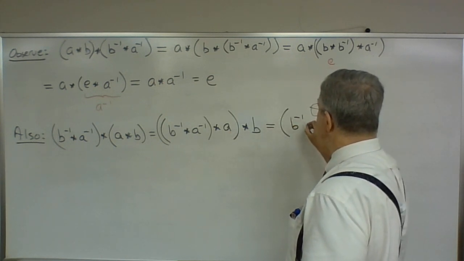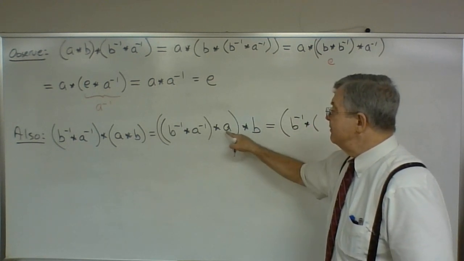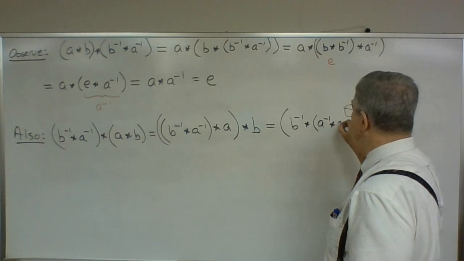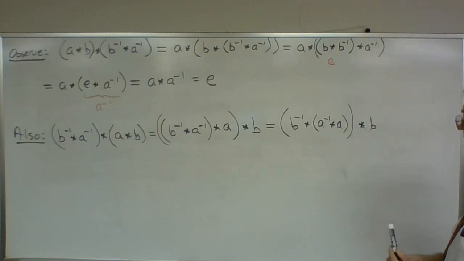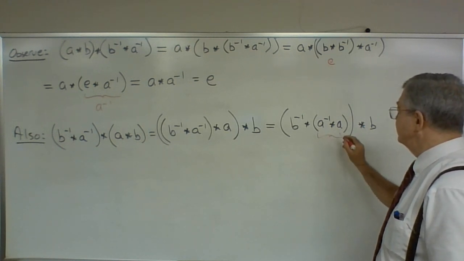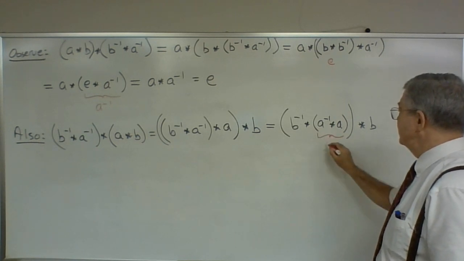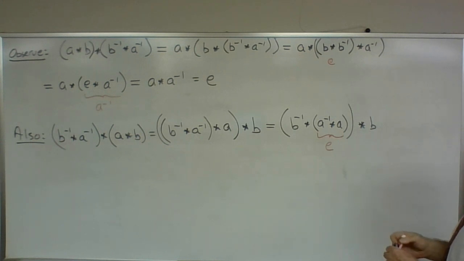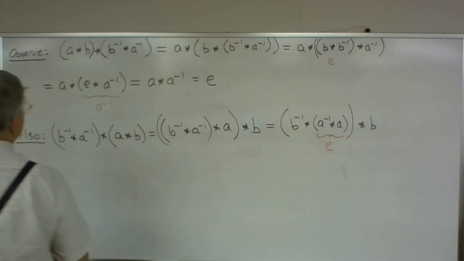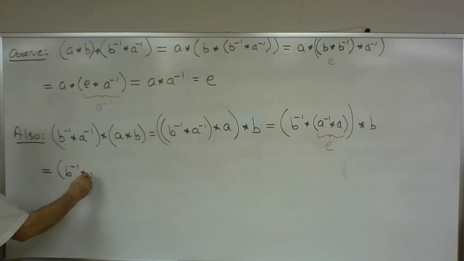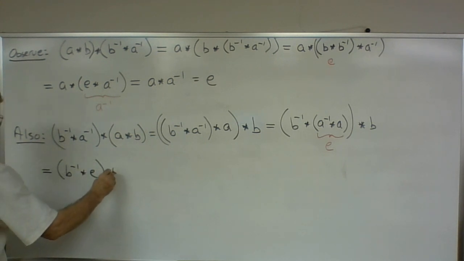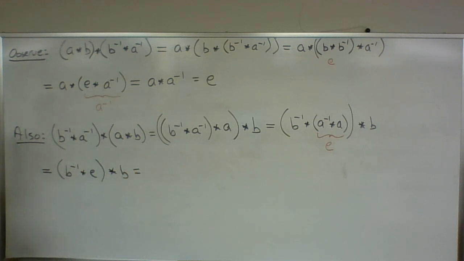So we'll have B inverse star A inverse star A star B. But this guy, by the definition of inverse, is going to be the identity element E. So we get B inverse star the identity star B. But B inverse star the identity is just B inverse.